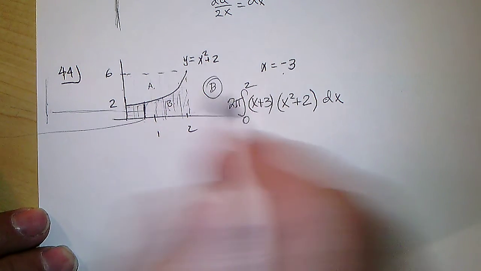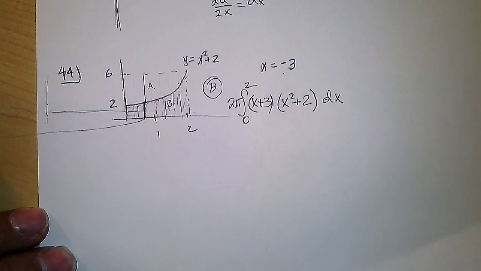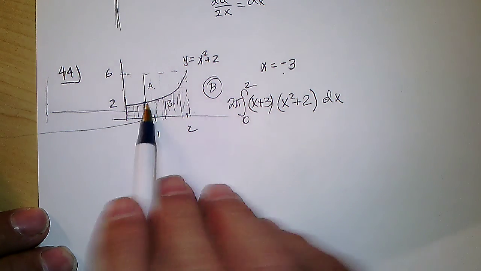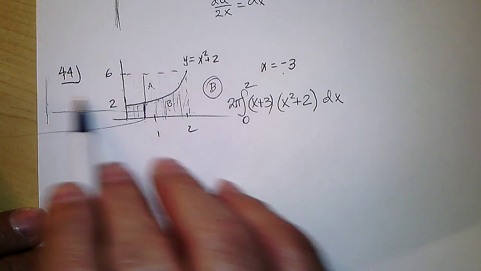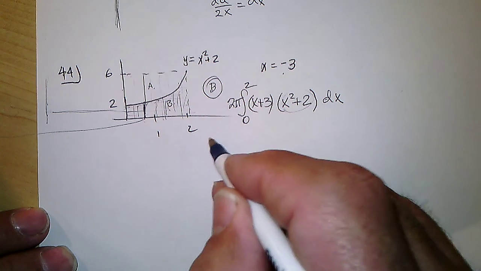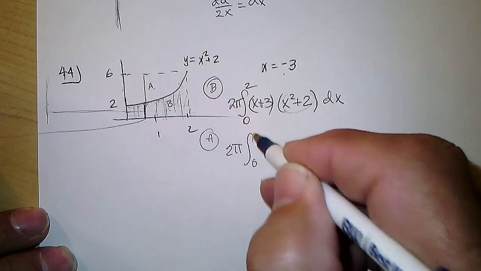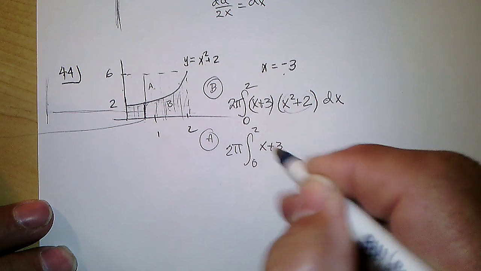If I was doing region A around that, the slice would still be this way. So the radius would still be 3 plus x. The height is what changed. So if it was region A, it would be 2 pi, integral from 0 to 2, of x plus 3, same radius.